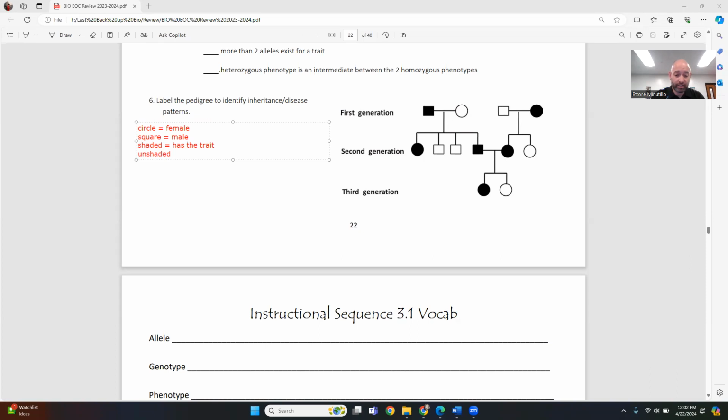Unshaded does not have the trait. If it is half shaded, which we don't see here, but half shaded doesn't have the trait, but carries a gene for it.